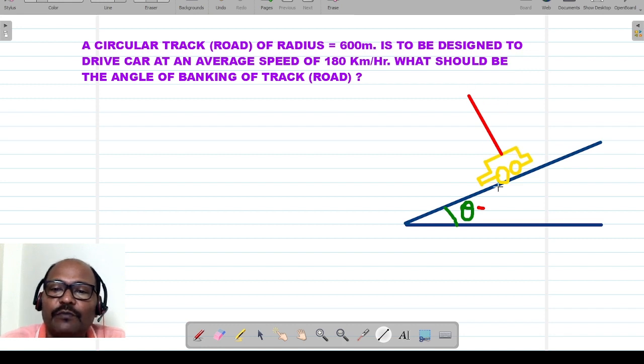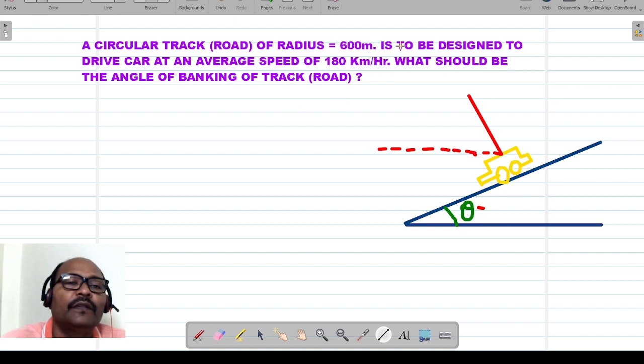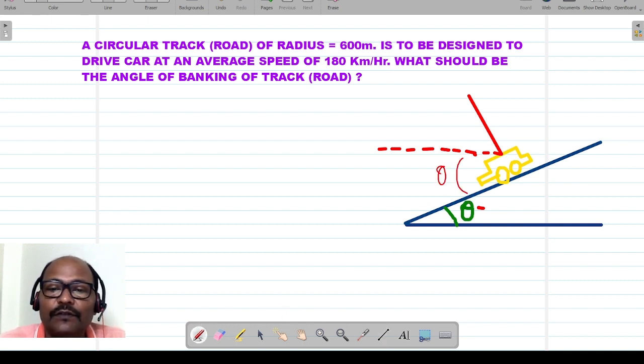When this will be theta, we'll draw a line parallel to this, then this angle will also be theta, the alternate angles. We will draw a line perpendicular to this horizontal surface.